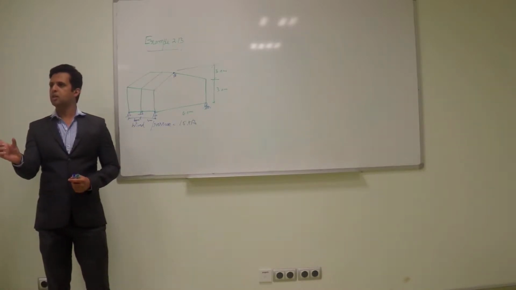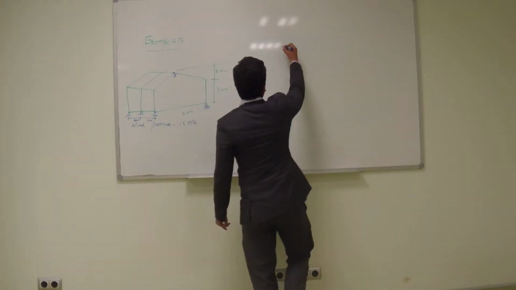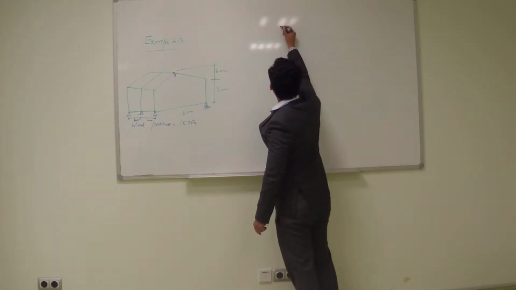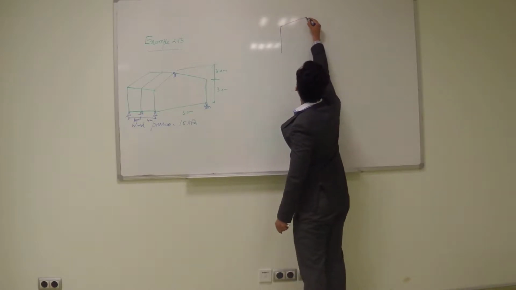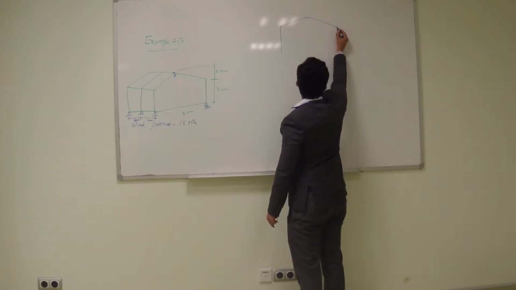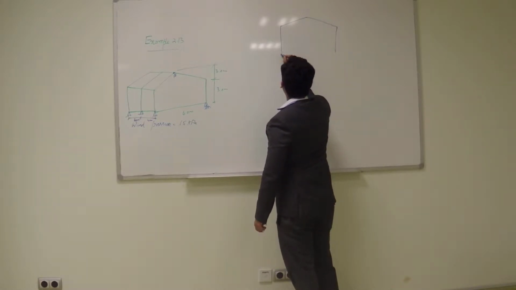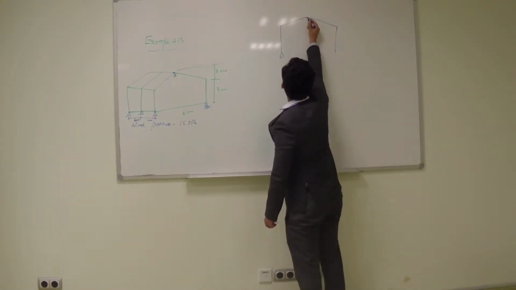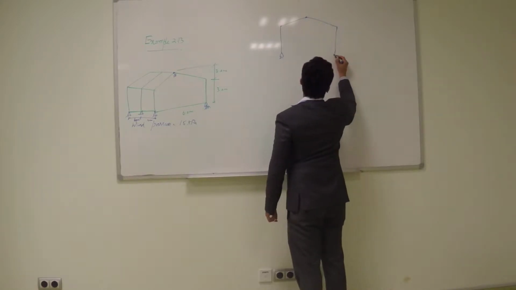You will get load per unit length. Yes. Okay. So let me draw the frame here. And you have one gable, the gable frame has one hinge at the top.